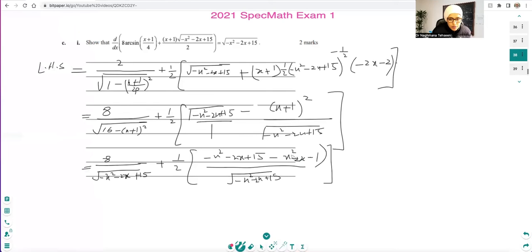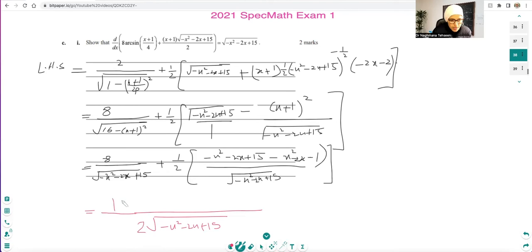So -2x minus x squared, we can now take both of these. If you look at that, they have the same denominator, -x² - 2x + 15. Okay, and this one has a 2 in there, so that means 2 would be in the denominator as well.